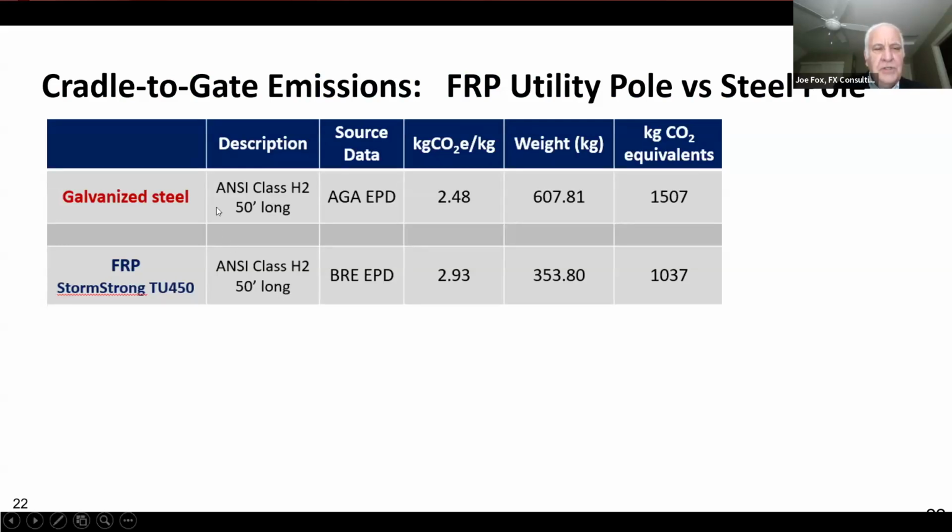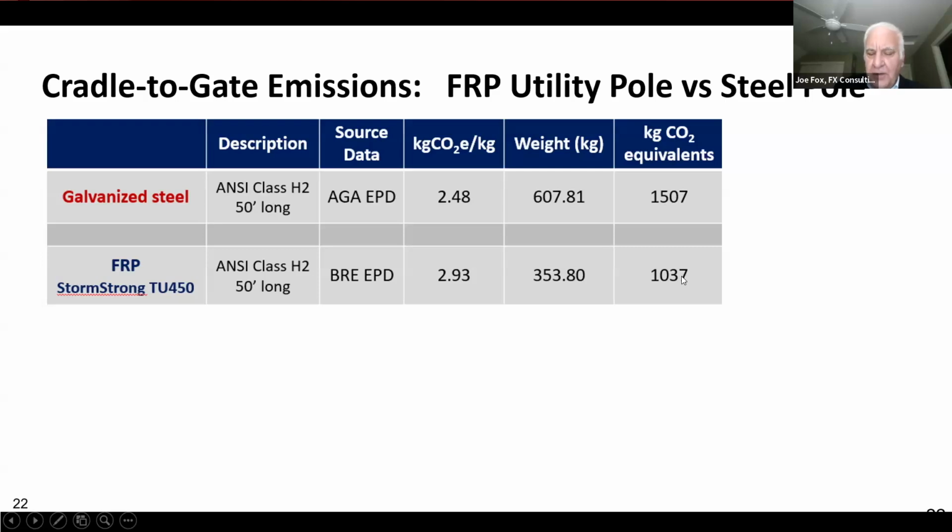Here is the calculation for steel poles versus FRP poles that are 50 feet long and what are called ANSI class H2. Get data from the steel EPD, data from the FRP EPD, you do the math, and these are the actual weights of the poles from Dustin.